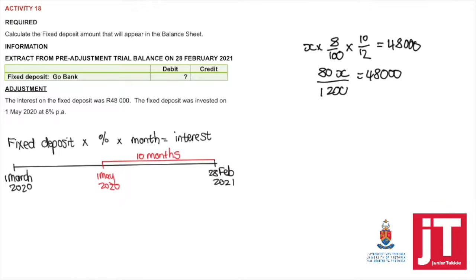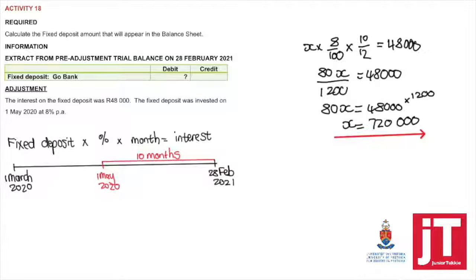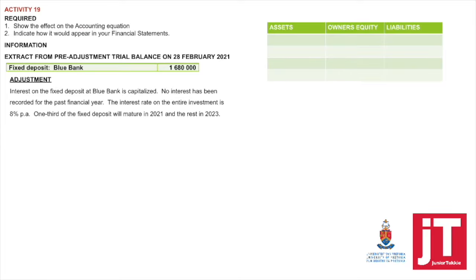So now it's a case of solving X. So to get X alone, my total is 720,000. This is the amount that will appear in your balance sheet under non-current assets, fixed deposit 720,000.